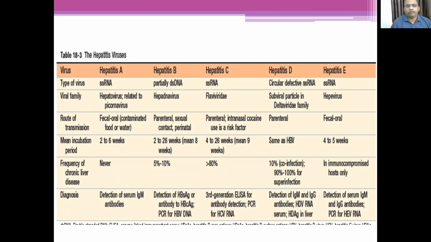Chronic liver disease can never be seen in hepatitis A and E infections, whereas it is seen in 5 to 10% of hepatitis B, and more than 80% of hepatitis C. So whenever somebody contracts hepatitis C, there is every chance of chronic liver disease. For hepatitis D it is about 10%, but 90 to 100% for superinfection.